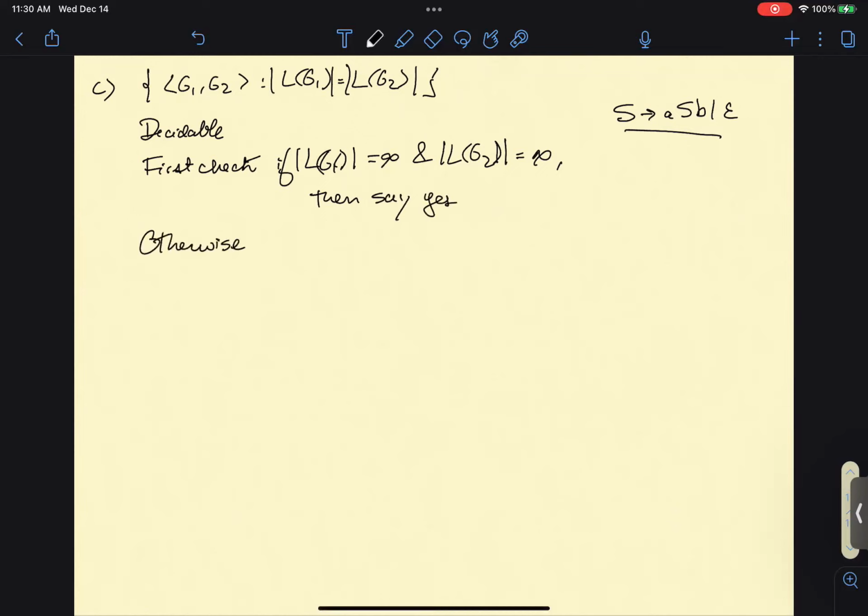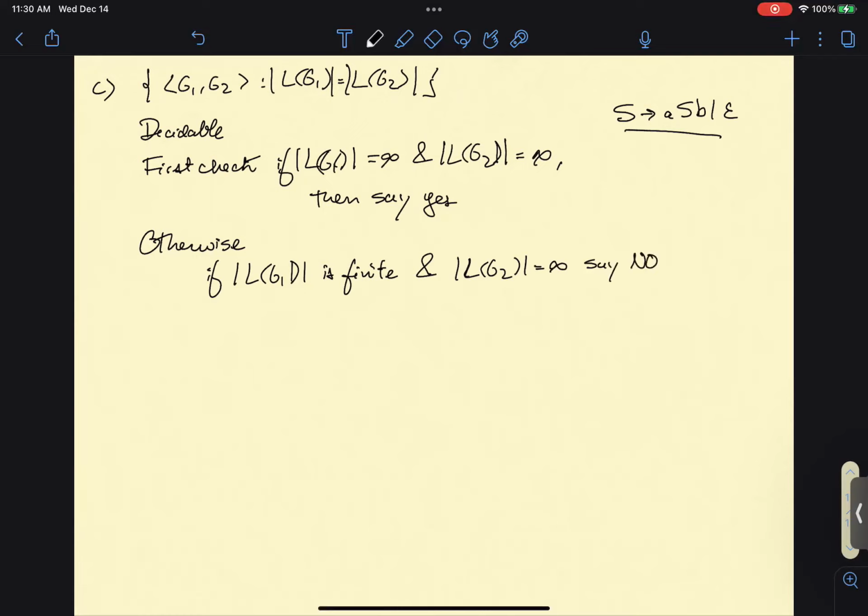that means that at least one of them is finite. So otherwise, if L of G2 is finite, you can say no, right?